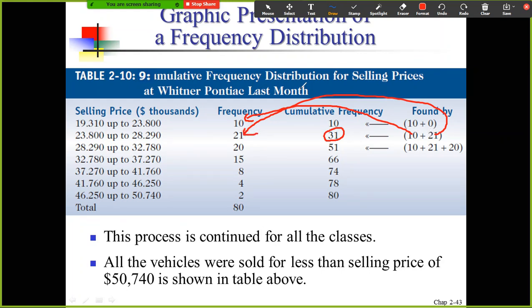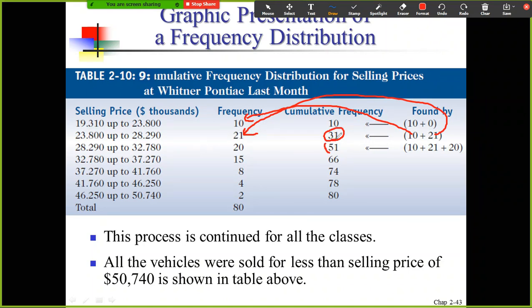Actually it should be 0 for the 0 class, but we don't have a 0 class, so we just don't cover it. So the cumulative frequency of the second class comes from the frequency of the first class and the frequency of the second class together.